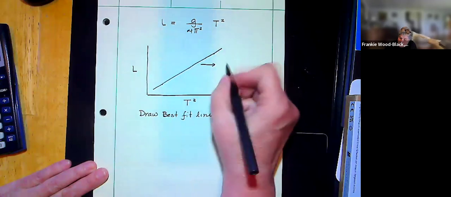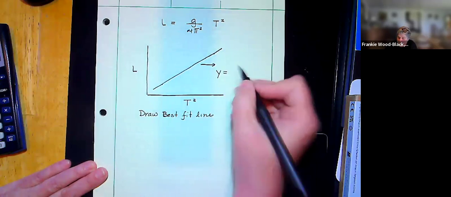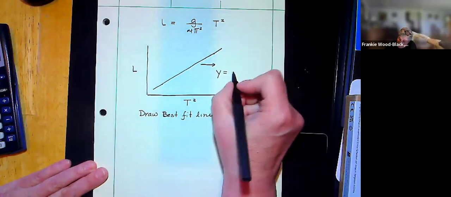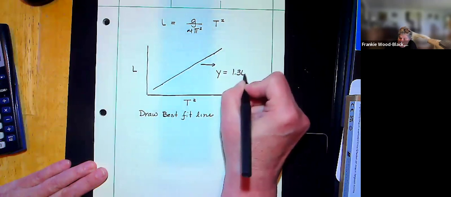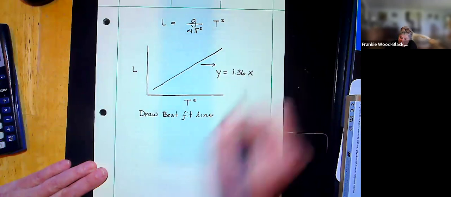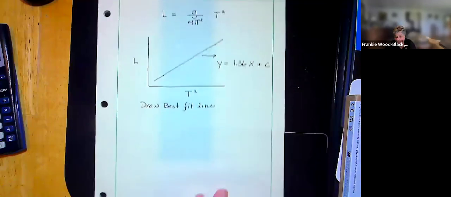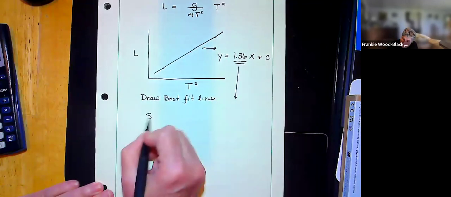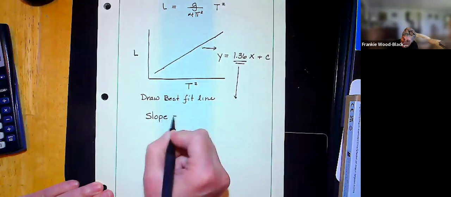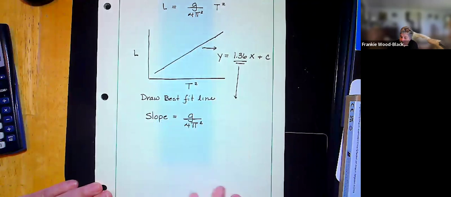And so off of Excel, my equation might say y is equal to, and I'm going to make up a number, and this is a made up number, 1.36x plus some constant. My slope is going to equal my gravity divided by 4 pi squared.